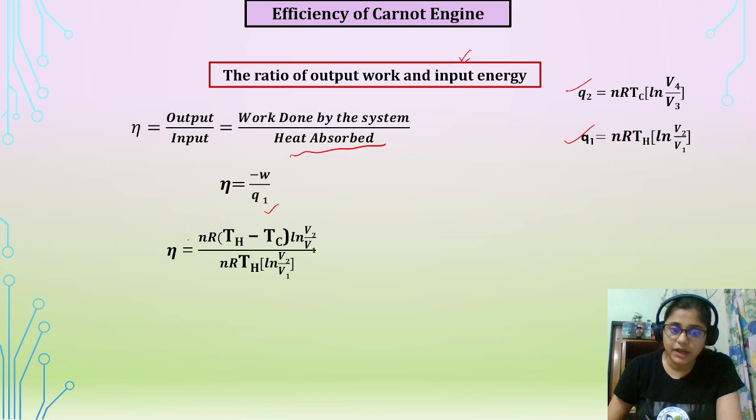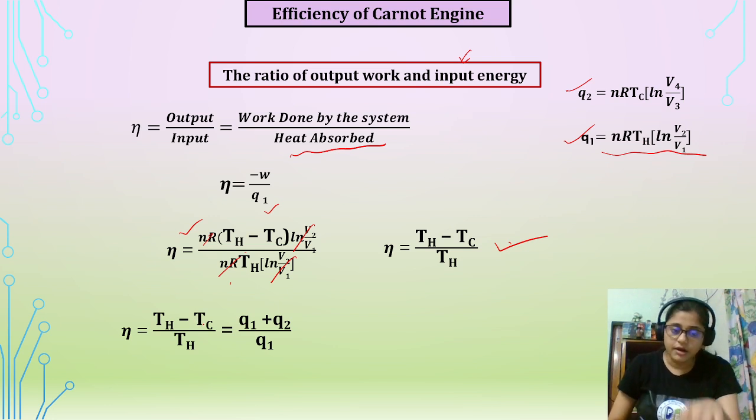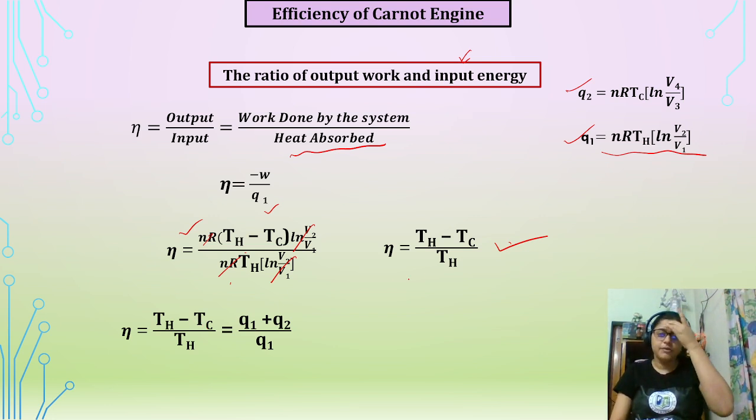Now we can put the value of overall work, and the value of Q1 was this one. This one we have written down. Now this one and this one will cancel out, and inner and inner. So this will now be the efficiency. We can also simplify it further, let's say we put this value Q1 plus Q2.